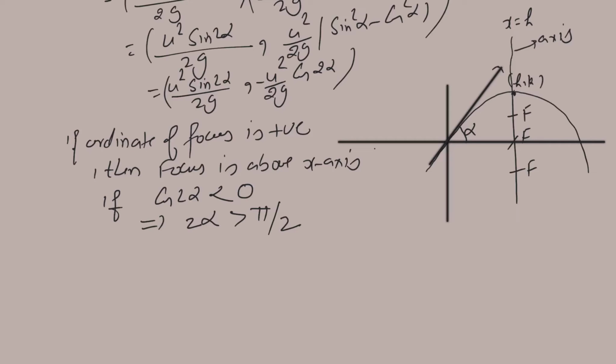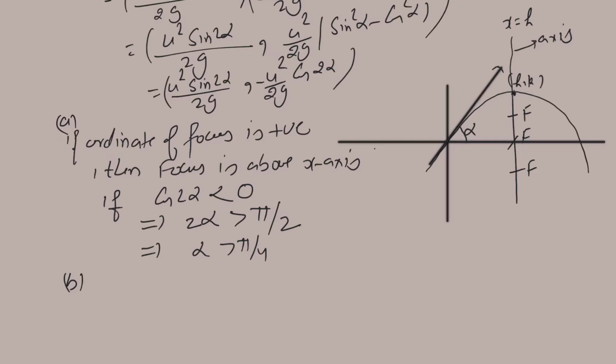This implies that alpha is greater than pi by 4. So if the angle of projection is greater than 45 degrees, then the focus will be above the x-axis. This is sub case number 1.